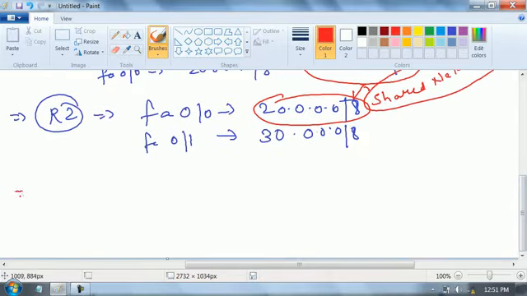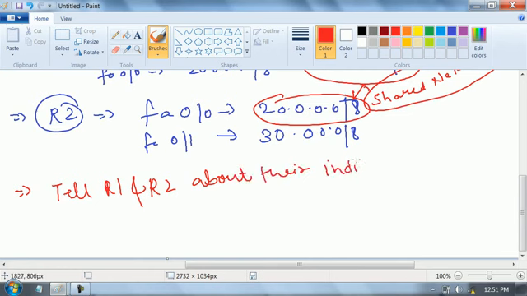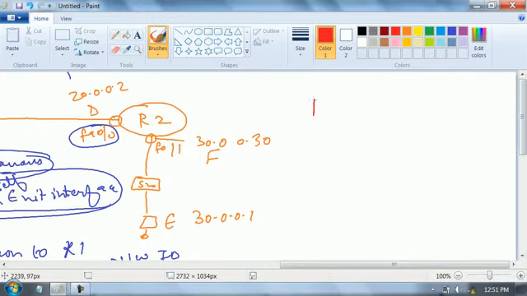Third step. What do I write here? For R1, the indirectly connected network is? Agree?